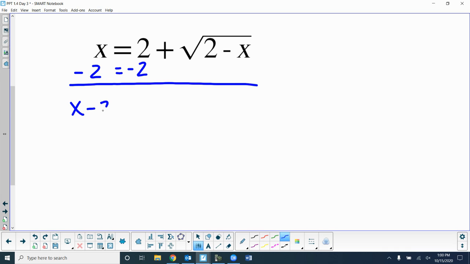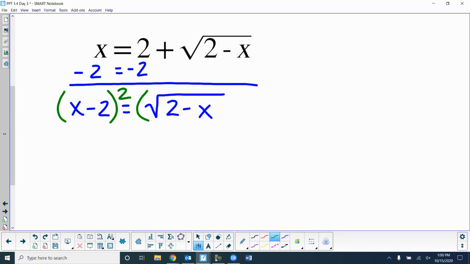So I got x minus 2 equals the square root of 2 minus x. Okay? Now what am I going to do? I'm going to square both sides. Okay? What's the right side equal? 2 minus x. What's the left side equal?